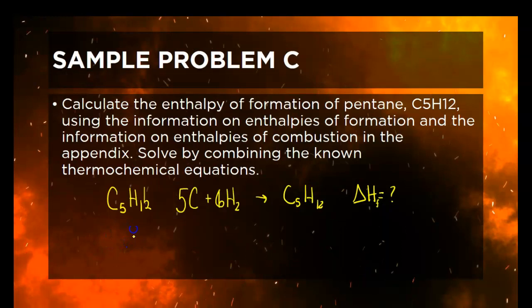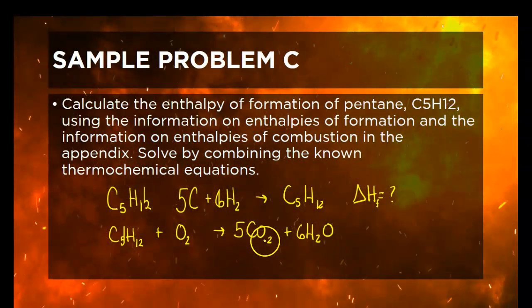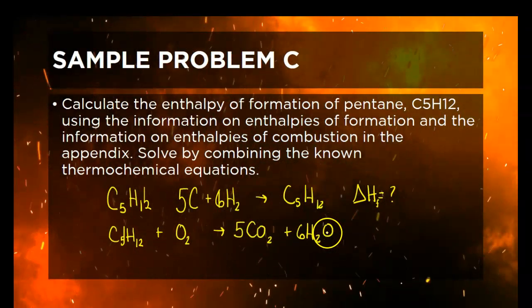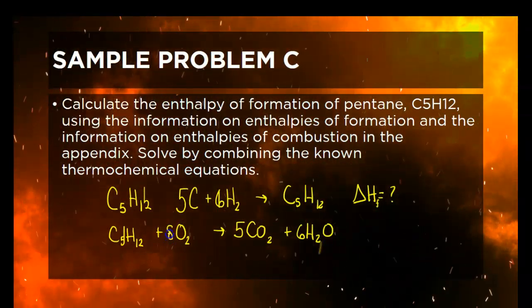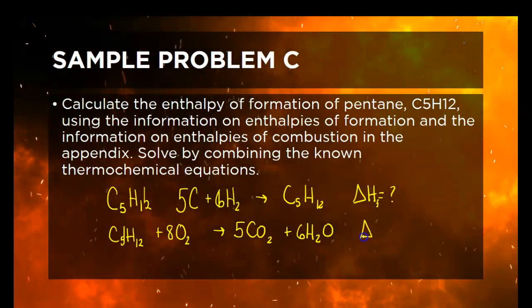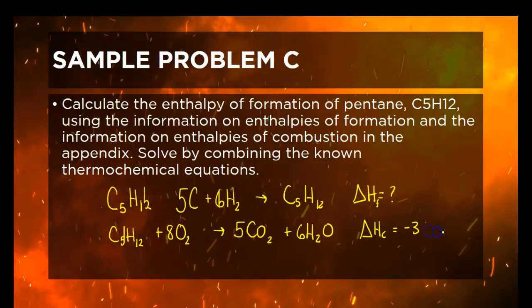So C5H12 plus O2 yields CO2 and water. I have to balance this, so this will have to be a 5. The 12 will make this a 6. And now I have 10 oxygens and 6 oxygens, giving me a total of 16 oxygens, meaning I should put an 8 there. So now I have a balanced combustion equation, and we know the delta H of combustion is negative 35.6.